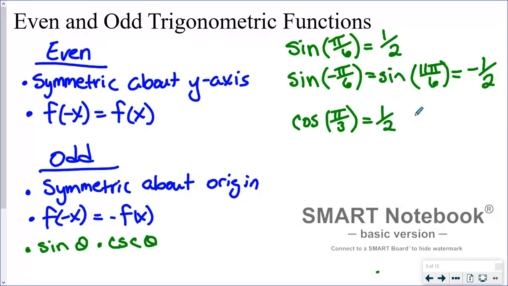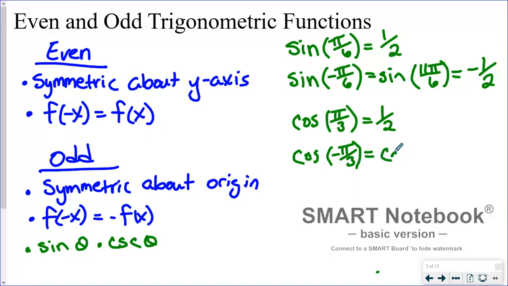All right, well, now let's test throwing in the negative x. So we'll look at cosine of negative pi over 3. Again, you can either think of it as just going in the opposite direction pi over 3, or you can find the coterminal angle by adding 2 pi.